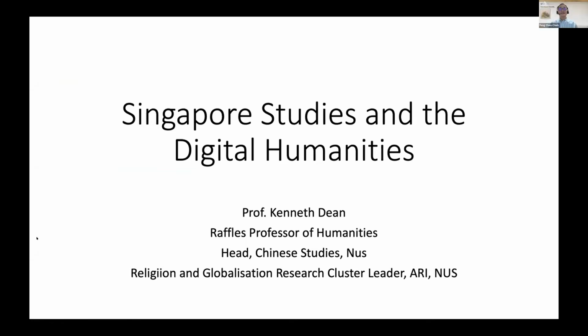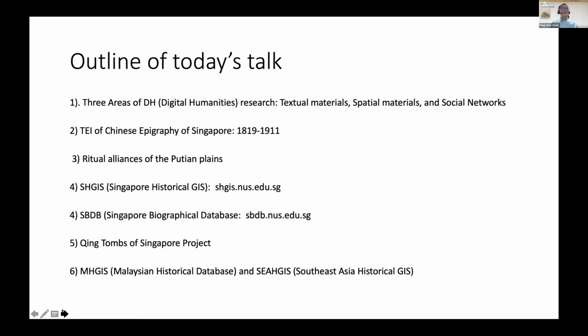Today I want to talk about three areas of digital humanities research: dealing with textual materials, spatial materials, and networks, social networks or other types of networks.